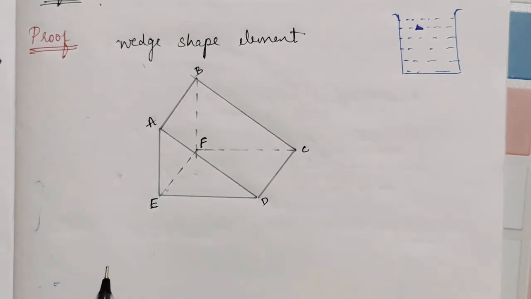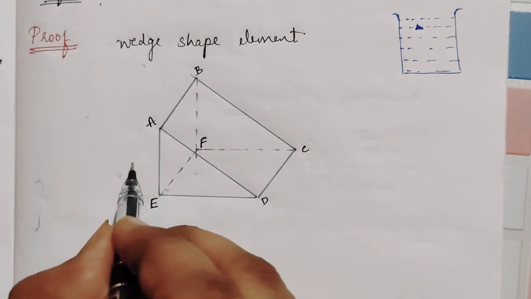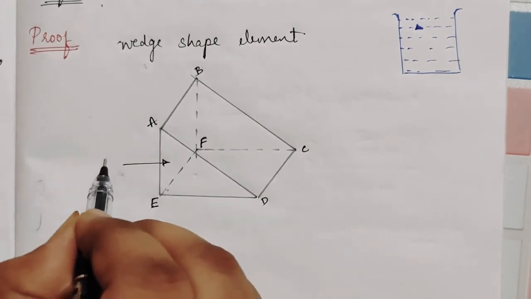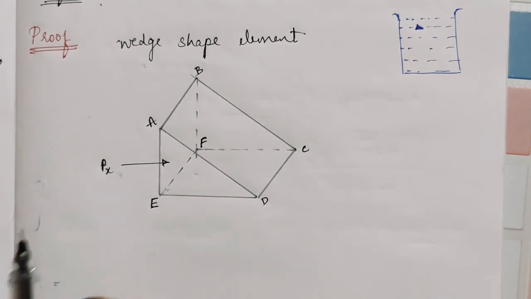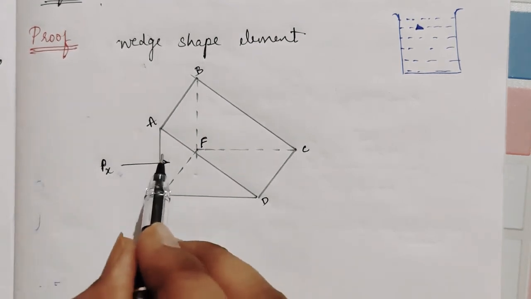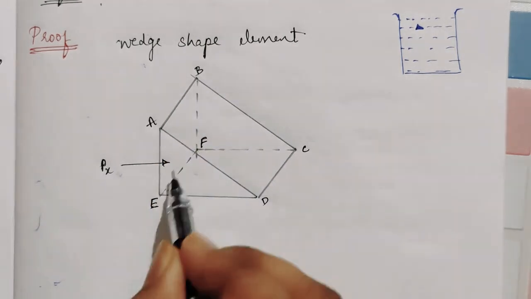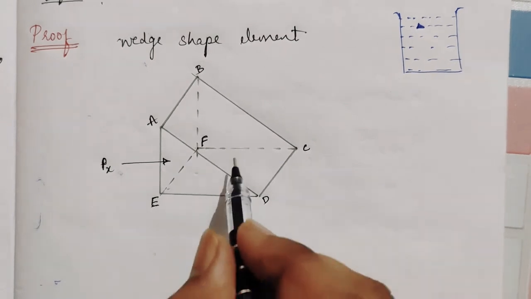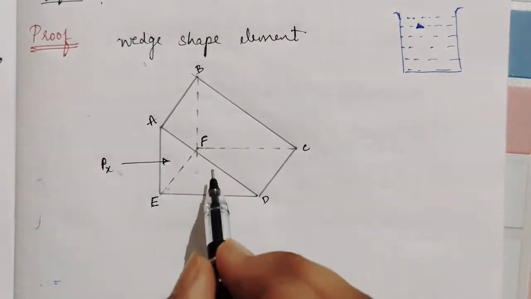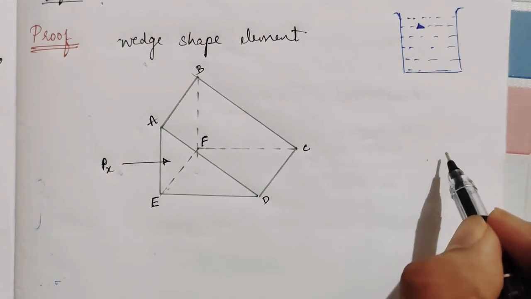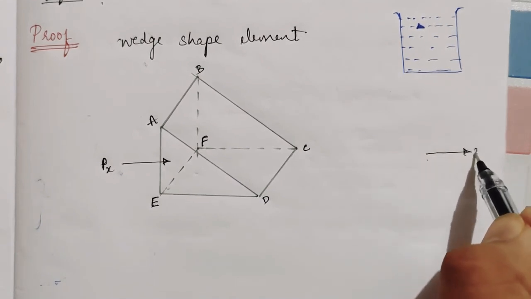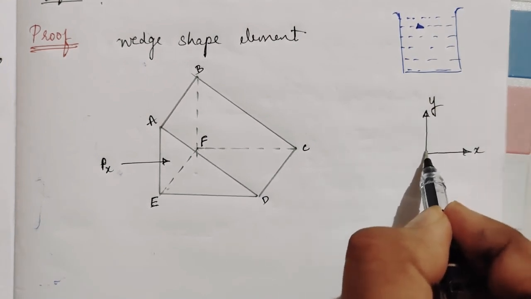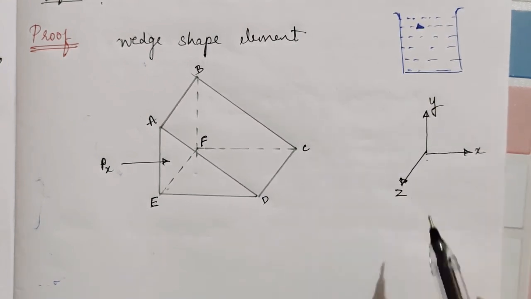Now the pressure force acting in the X direction, I'll take it as Px, on this face A, B, E, F. Next, the pressure force acting in the Y direction, upwards. So I'll show you: this is X, this is Y, this is Z.